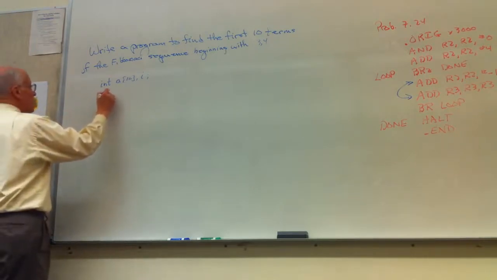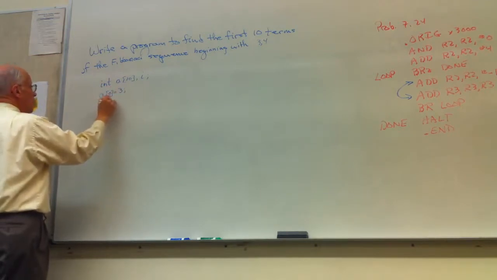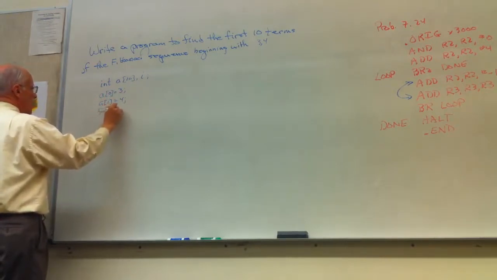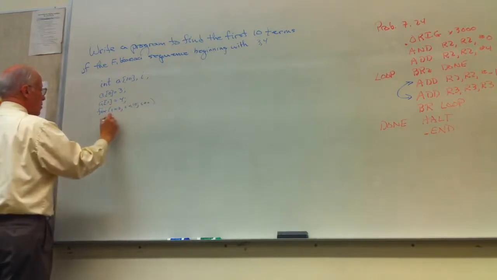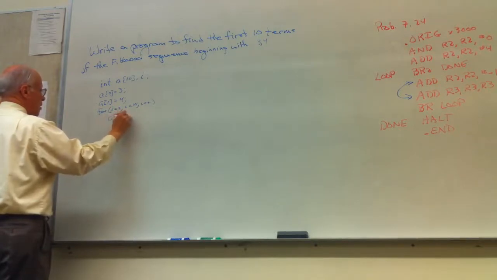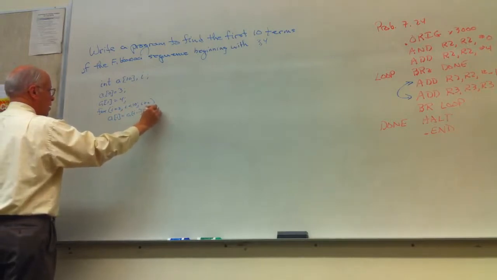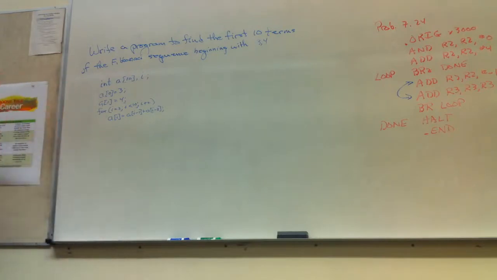We could say, well, let's set A[0] to be 3, A[1] is 4, and then we'll say for i equals 2, i less than 10, A[i] equals A[i-1] plus A[i-2]. And that's really it, except for the I/O. Okay, that's the portion of the code that would actually generate all of them.